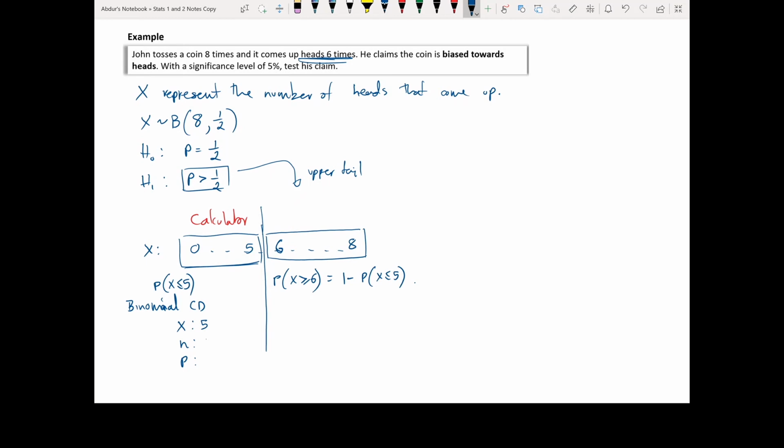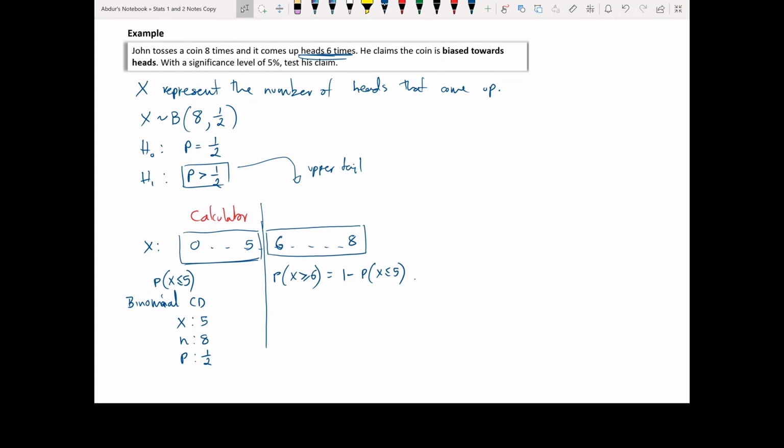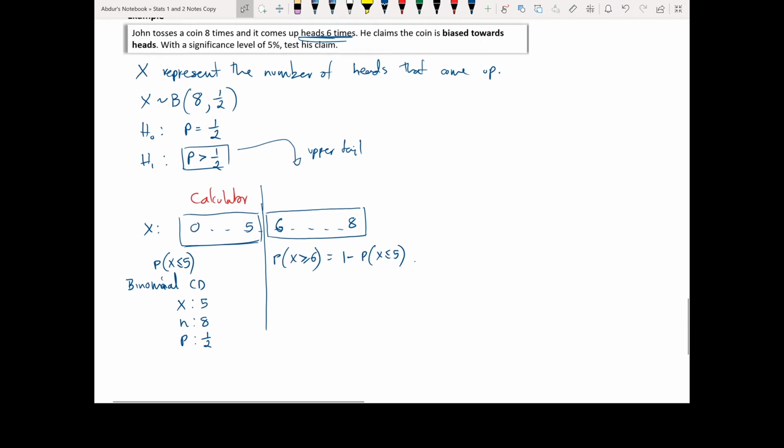The number of trials is 8, and the probability of success is a half. Typing this into our calculator, 5 for x, 8 for n, and a half for p gives us a probability value of 0.8555. So we can write down here probability of X less than or equal to 5 is equal to 0.8555 to 4 decimal places.